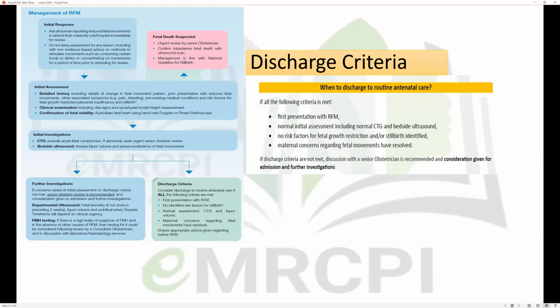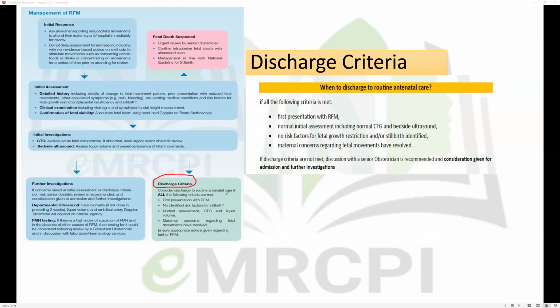So when they give you something like discharge criteria and tailor the question to cover the discharge criteria, what does this mean? Means that they just want to make sure that you have read the guideline. This is what they want only. Consider discharge to routine antenatal care if all of the following are met. First presentation.